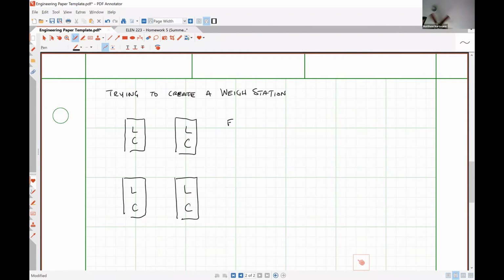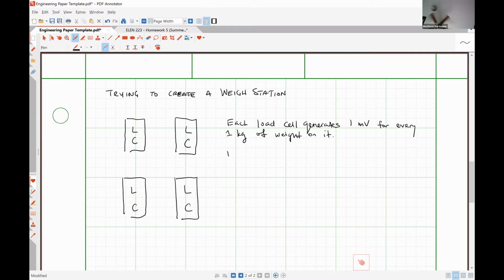And let's say that each load cell generates 1 millivolt for every 1 kilogram of weight on it. All right.